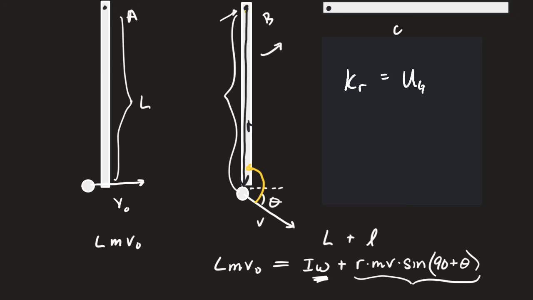The bar goes perfectly horizontal, which means the center of mass of the bar, which is right somewhere about there, is lifted from here up to there. So the mgh is going to be mg times L over 2, because the center of mass of the bar is lifted half of the bar's length. And that has to equal 1/2 I omega squared. That's how you have to find the velocity.